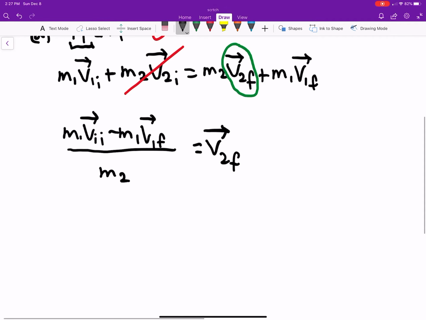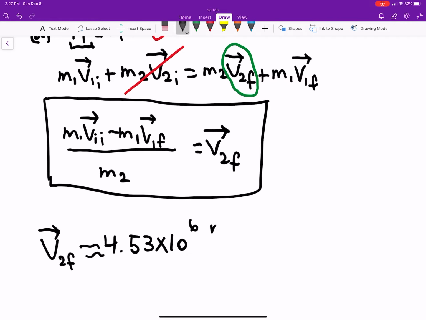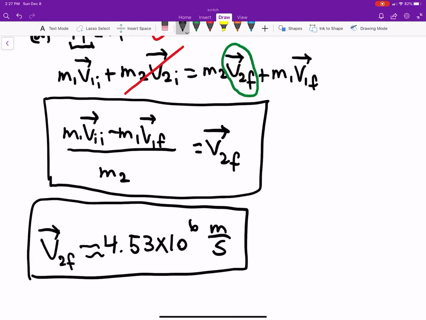Okay? So all we have to do is plug in. And if you were to plug these numbers in, you'll get V2 final is equal to about 4.53 times 10 to the 6 meters per second. Okay, so that's the final velocity of the helium atom, and we use conservation of momentum to find it.